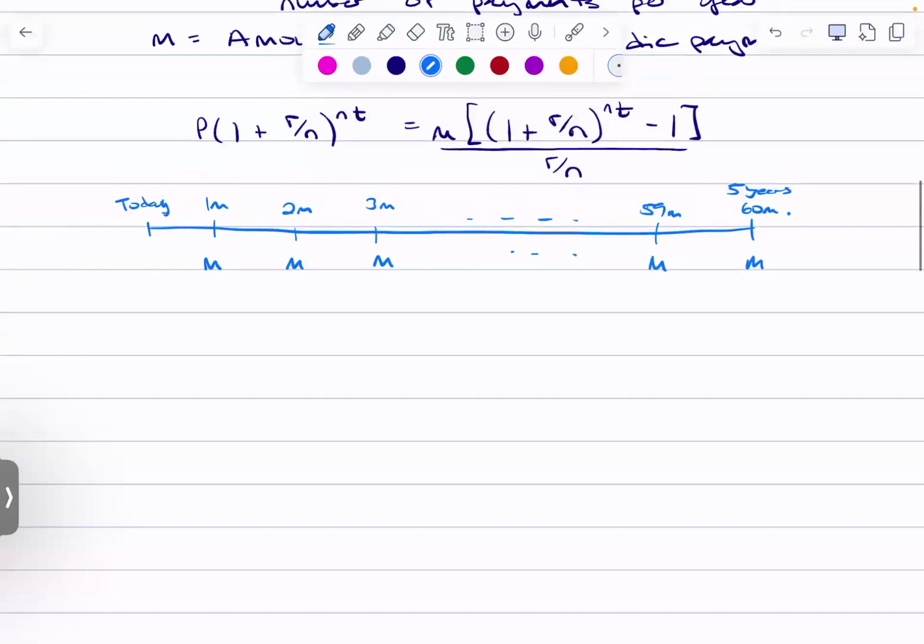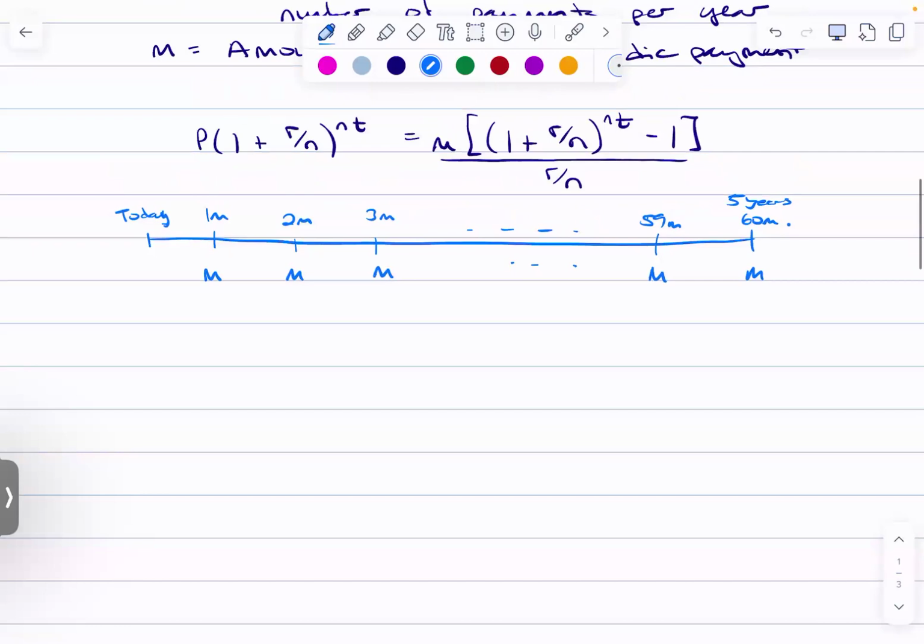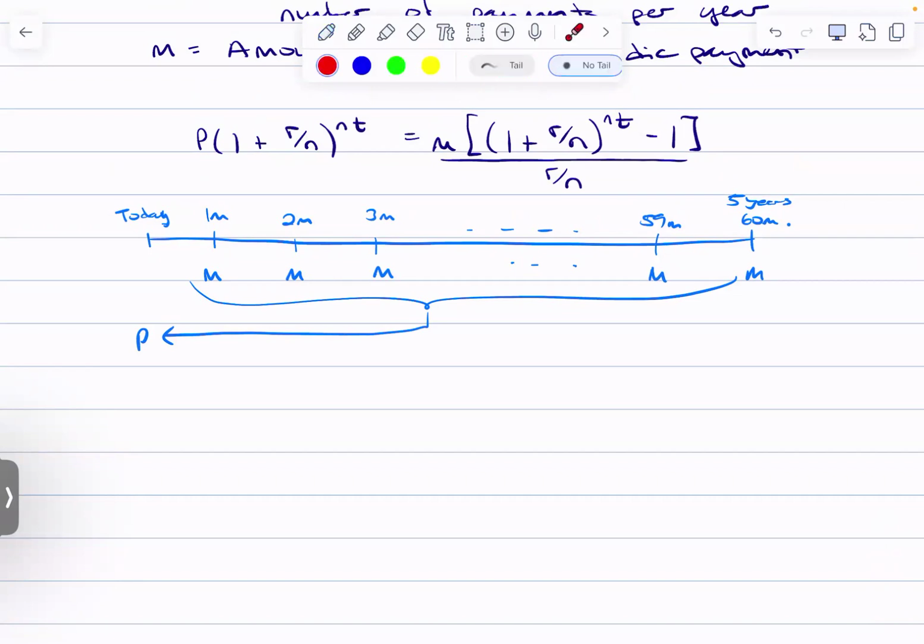And what we said was, these are all going to be worth some amount P today. And so that's how we're able to say this P here is equivalent to M made for 5 years.